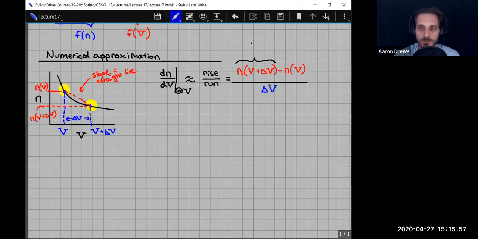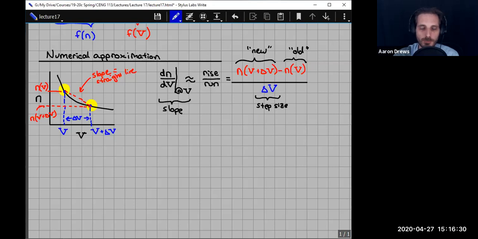And so this one is considered the new value of n, and this is considered the old value of n. Old in the sense that you probably already knew what it was. New in the sense of it has now gone a little bit beyond where we were before. So it's new in that sense. This was what we call our step size. And this term over here was our slope.